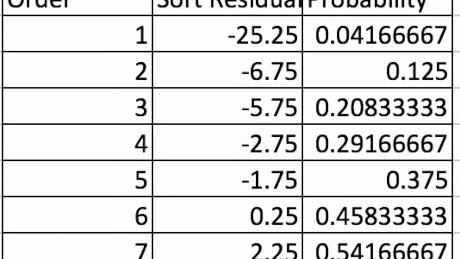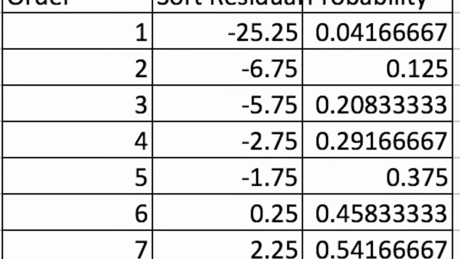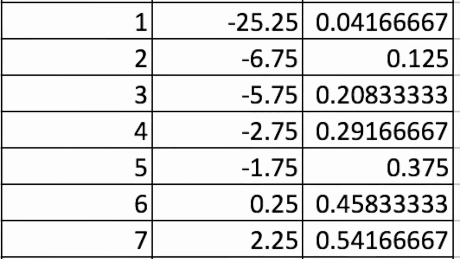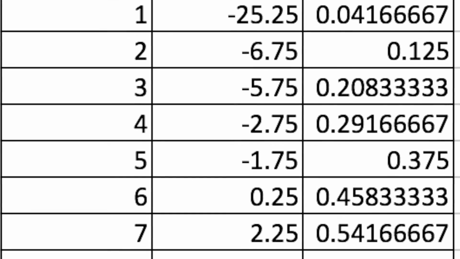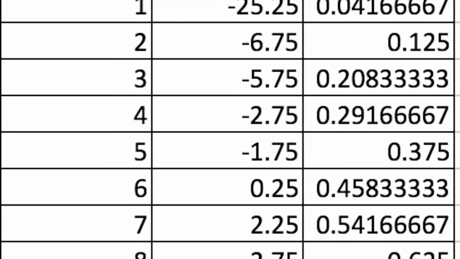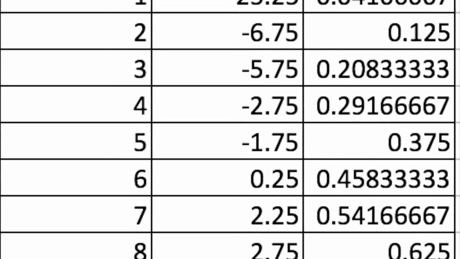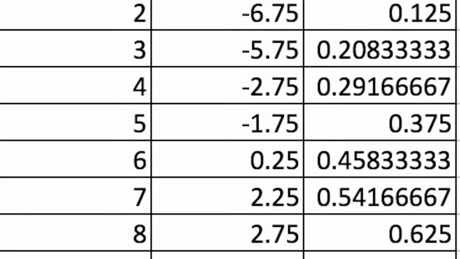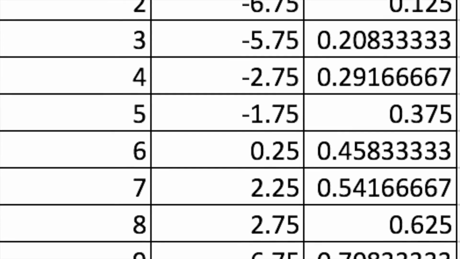Then we have to order it from smallest to largest. And we make a table with 3 columns. Column number 1, the order from 1 to 12. Then the sorted residuals, from smallest to largest. Then the probability.